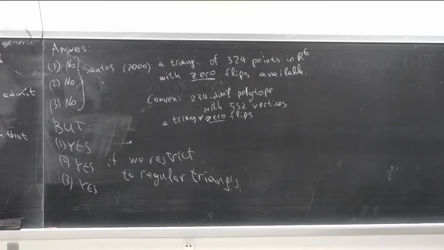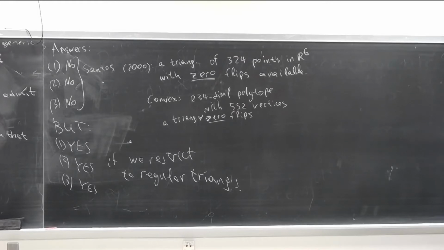Well, you mean the flips or the polytopes? For question 1, the answer is actually easy for regular triangulations, because how do you get a regular triangulation? You lift every point, and then you take the lower convex hull and you project down.